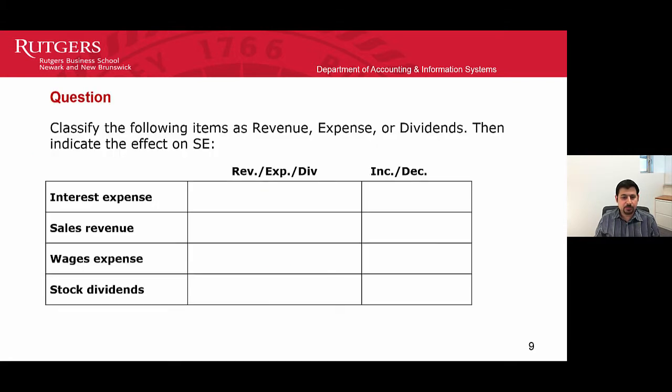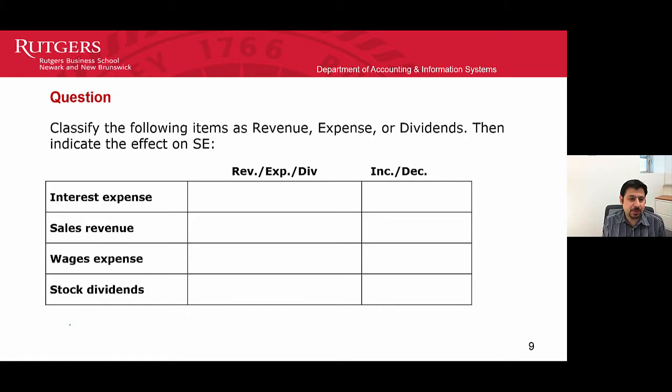Now, as a small exercise, let's see how we can classify the following items. We need to classify each of these items as revenue, expense, or dividend, and then we need to also look at the effect on stockholders' equity.